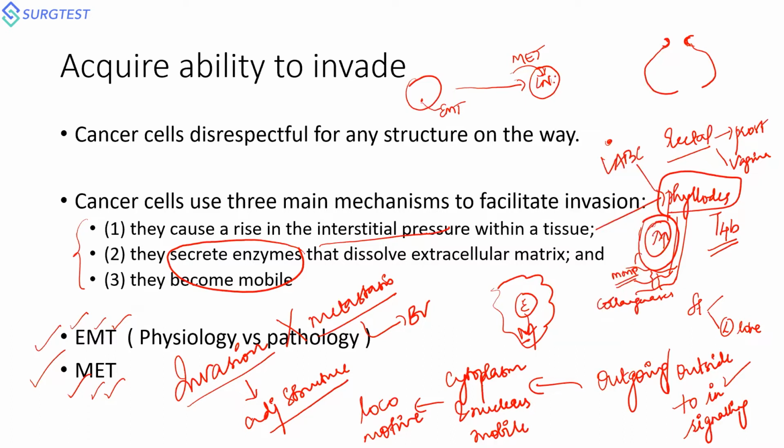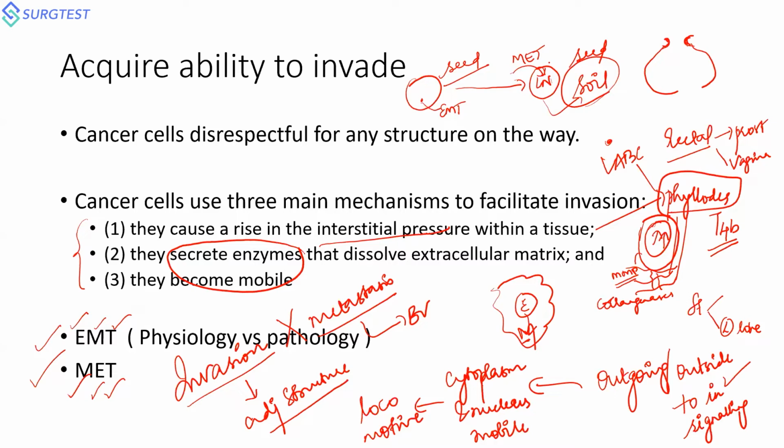Whenever there's a conducive environment, or what you call a soil, the seed and soil theory applies: here is a seed, the cell which migrates is your seed, and what it deposits into is your soil. If you have a conducive soil or a favorable environment, this mesenchymal to epithelial transition will help in cell multiplication and deposits being identified in a particular area.